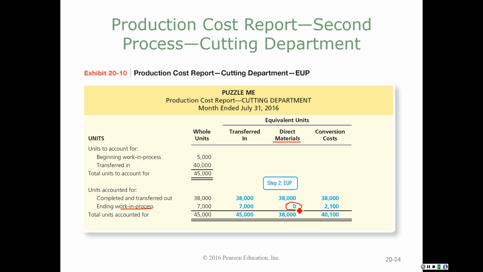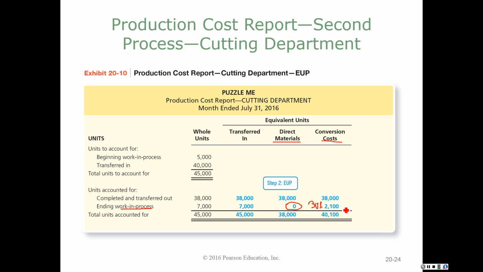On the other hand, it tells us that out of these 7,000 units they had 30% of the material and labor that they were going to incur has already taken place. So 7,000 units that are 30% complete of labor and overhead, your conversion cost, are the equivalent of having 21,000 finished units, equivalent units.